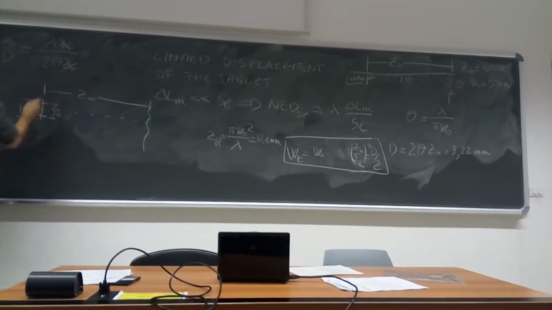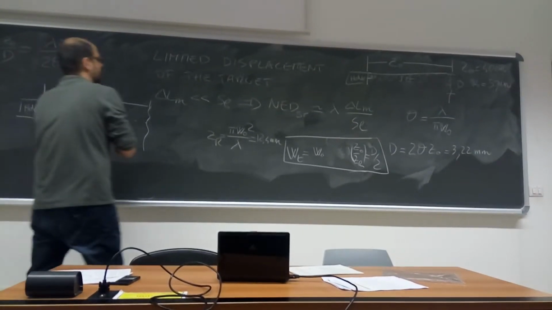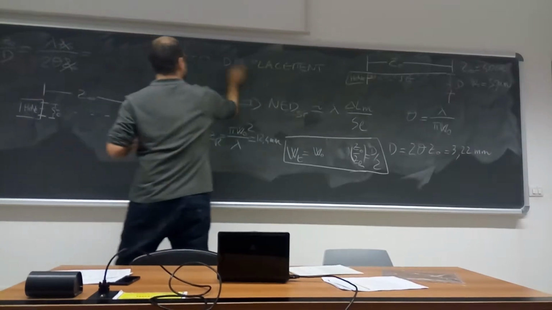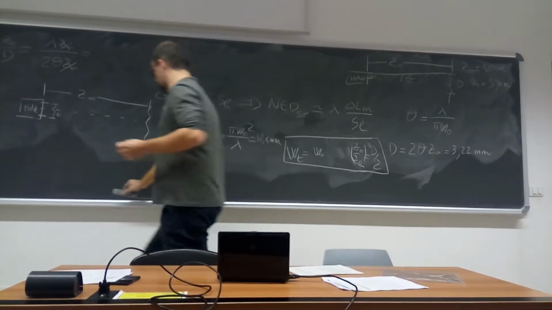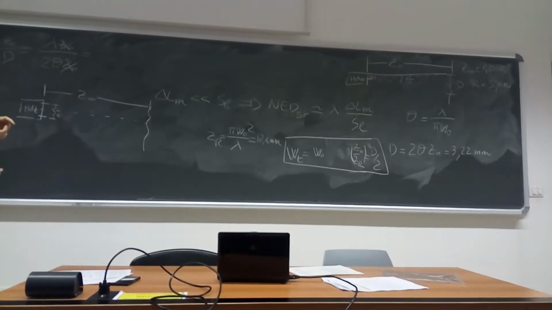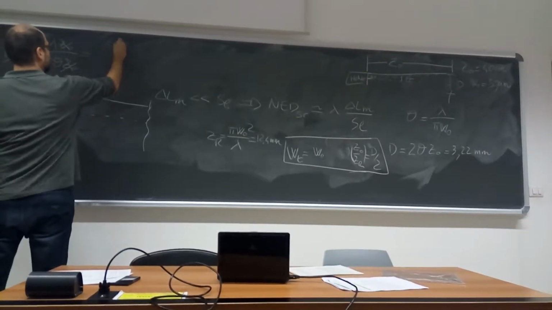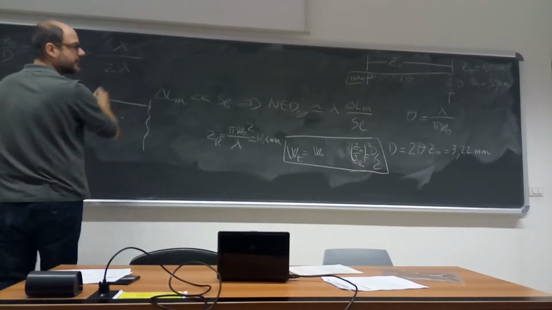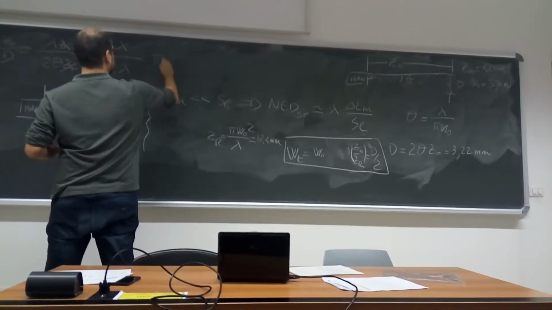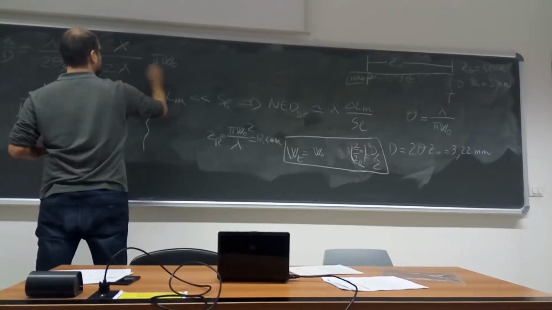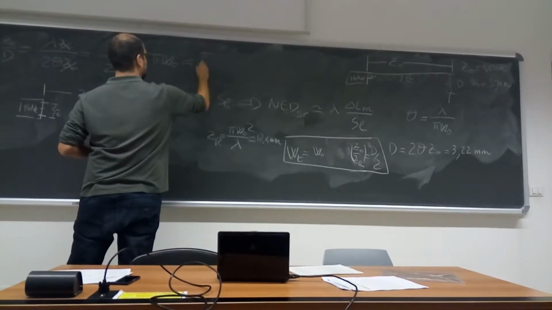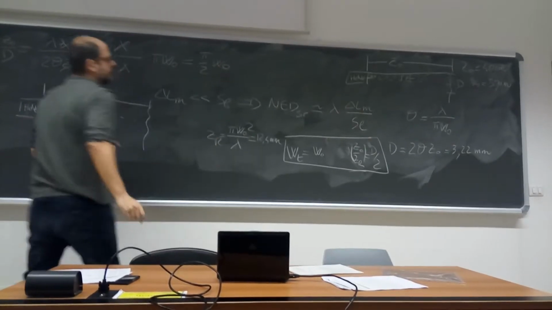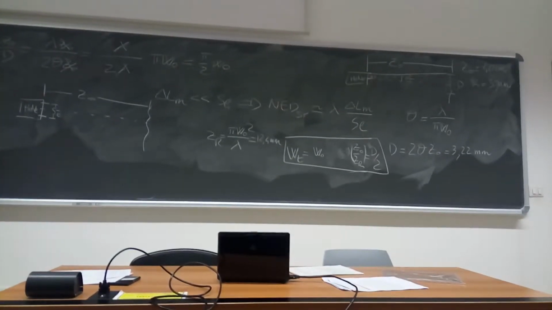And this is equal to lambda divided by lambda over pi W0. We have this value for the transversal dimension of the speckle here at this point.